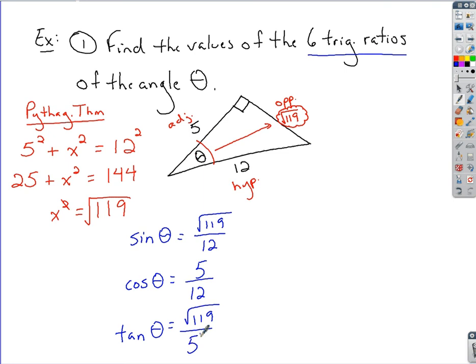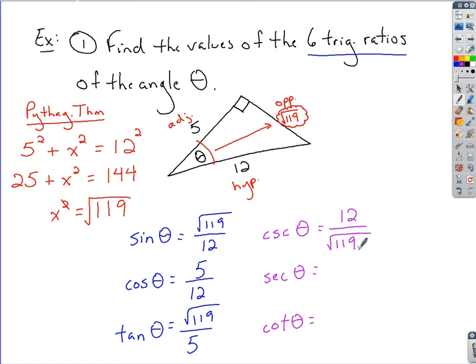And if you've got to find all 6, you've got the big 3 here. You know the reciprocals that go with each of these, right? Cosecant goes with sine, secant goes with cosine, cotangent you buddy up with tangent. So if cosecant goes with sine, flip sine, you've got 12 over the square root of 119 for cosecant.